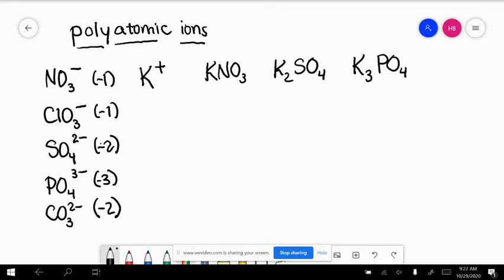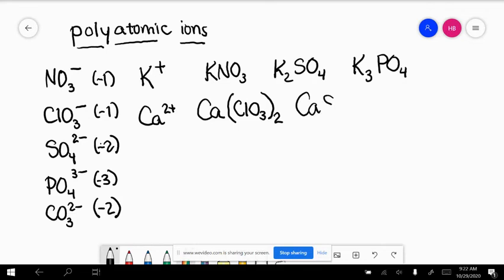If you had a compound cation that had a charge of +2, it would go together with 2 polyatomic ions. When I have more than 1 polyatomic ion, I have to use parentheses to show that I need more than 1 polyatomic ion, like such. I only need that if I need more than 1 polyatomic ion. So a +2 cation would go 1 to 1 with a -2 anion.